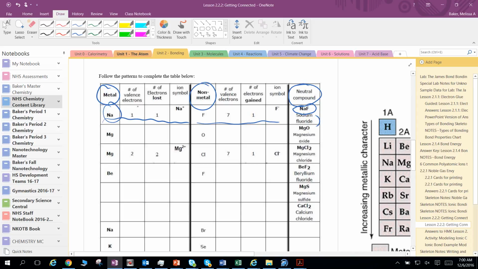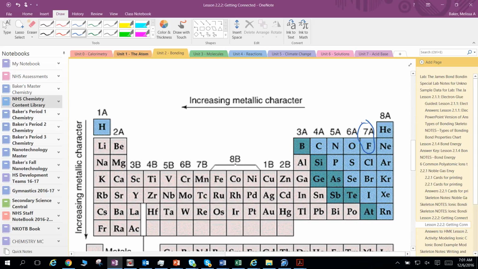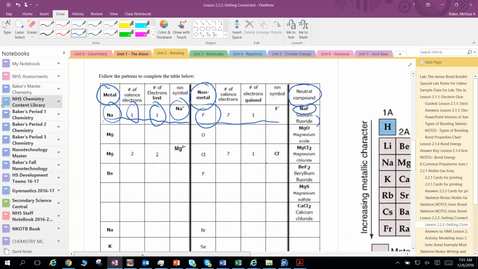So let's check this out. Sodium, we just did a problem with that. It's got 1 valence electron that it would like to lose to form a positive 1 charge. Fluorine is in group 7A, and it's really close to being like neon. It just needs to gain 1 more electron. So fluorine has 7 valence electrons. Since it's in group 7A, it wants to gain 1, and then it will form an F-.